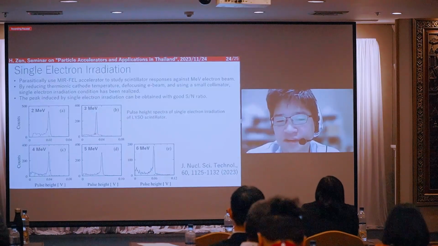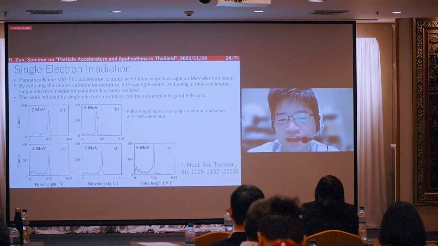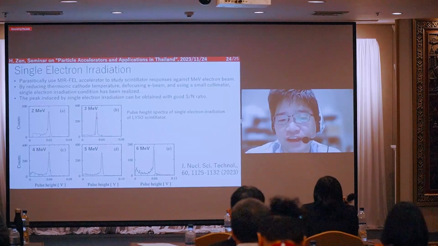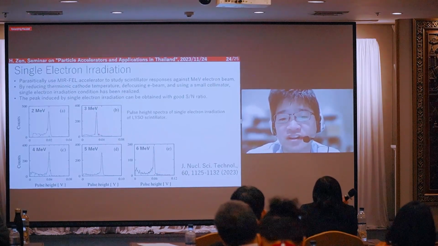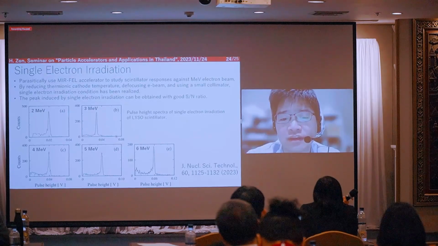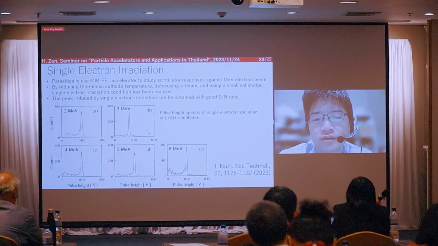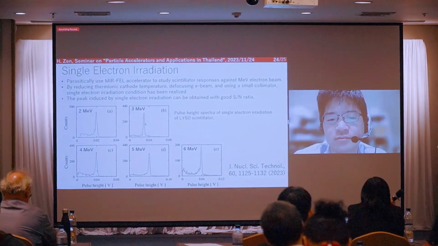If it's not a single electron, at first it cannot create this isolated peak. And also, if we increase the number of electrons, we can see a second peak around here. This is a single particle peak.